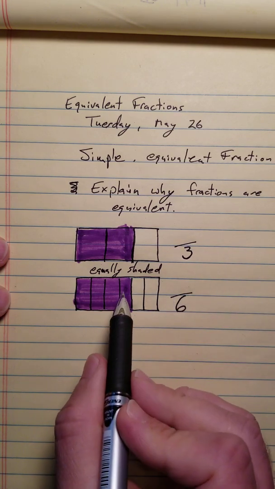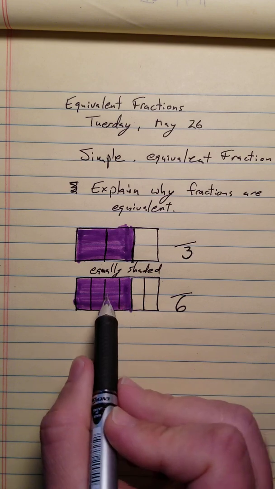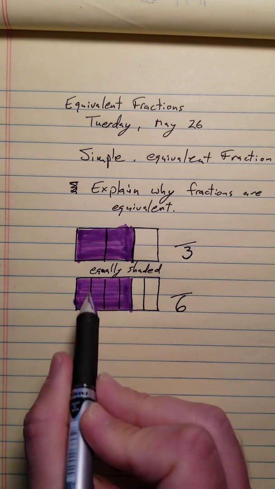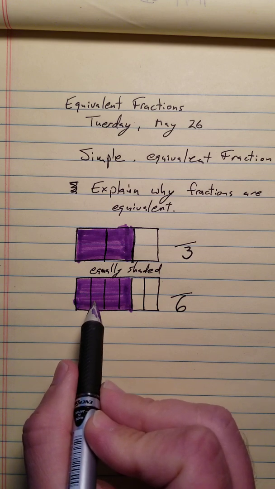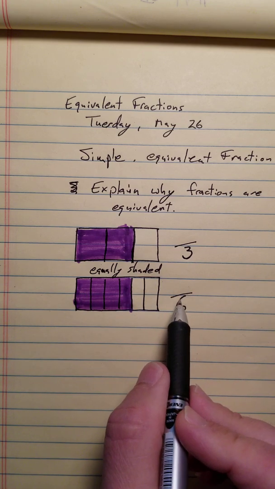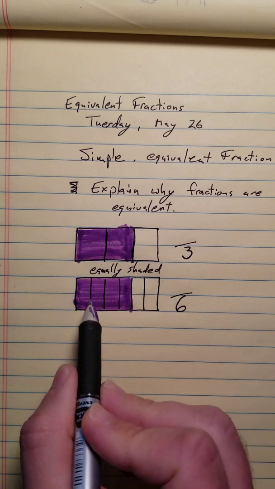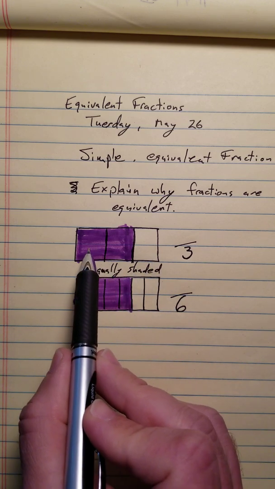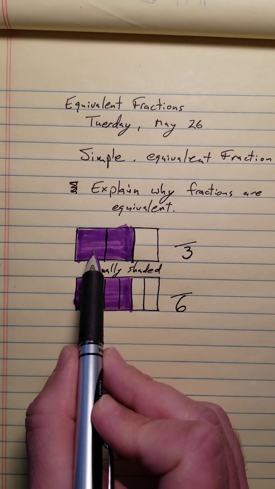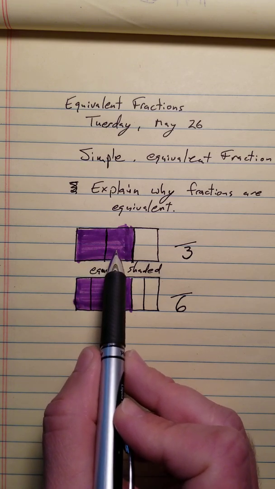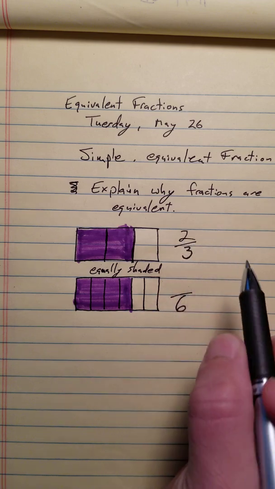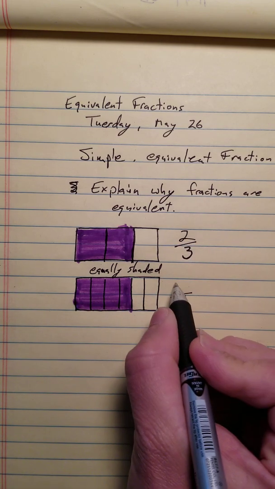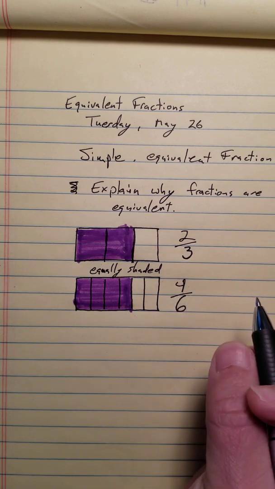So these 2 bars that are the same size and have an equal amount of area shaded now look different as fractions because they're divided into a different number of parts. This one is divided 3 times, and 2 of these are shaded, so that's the number going in the numerator. And for this one, 4 of these are shaded, so that's the number going into this numerator.